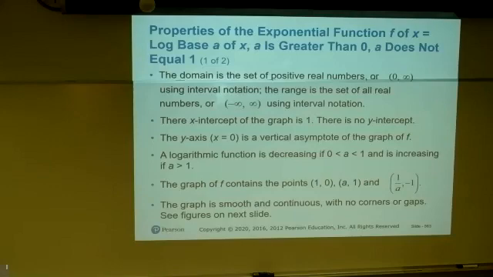The y-axis, x equals 0, is a vertical asymptote, whereas with the exponential, the x-axis was a horizontal asymptote.